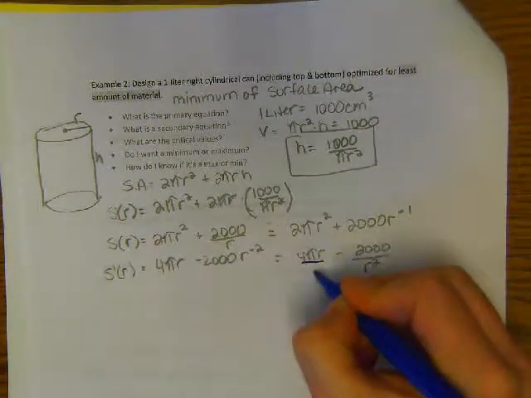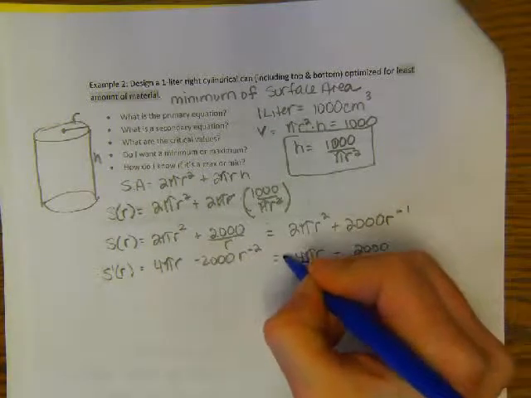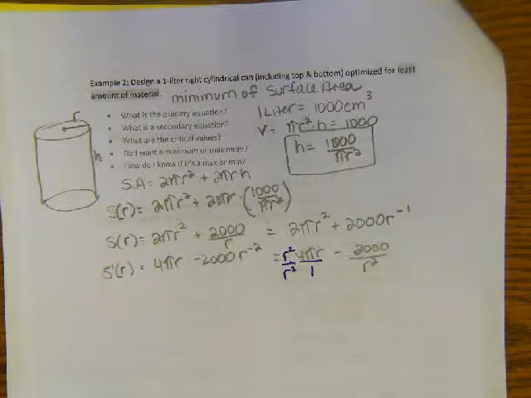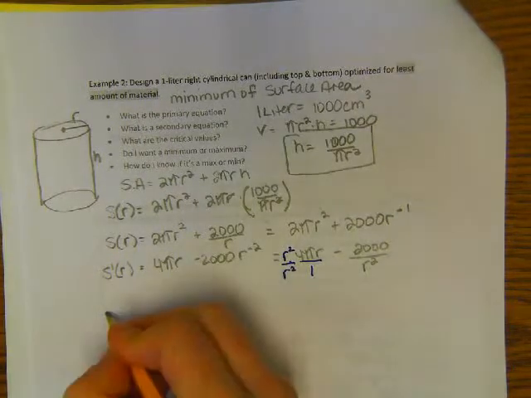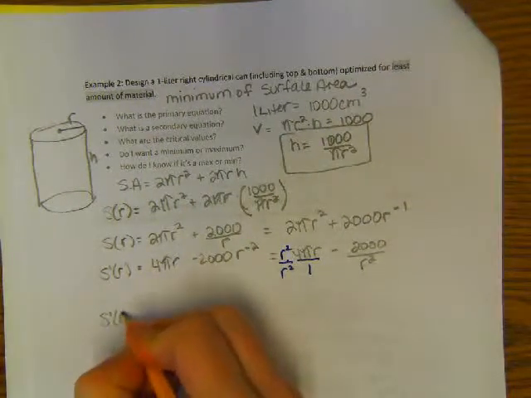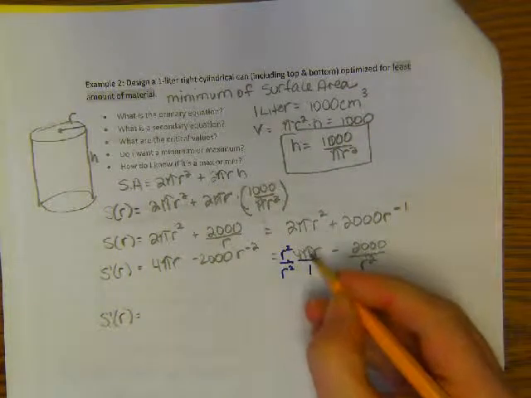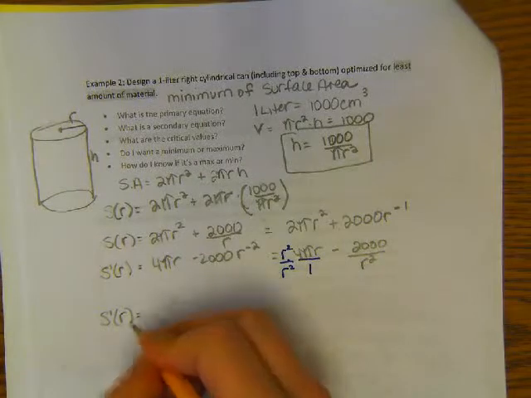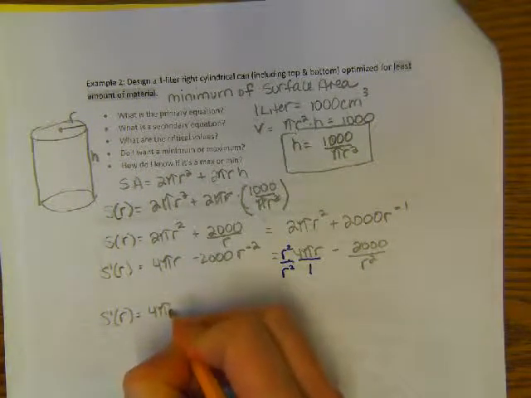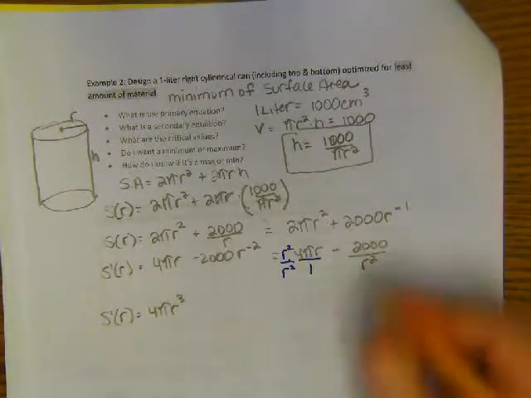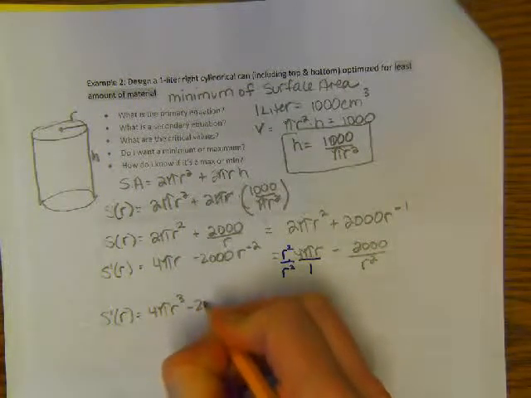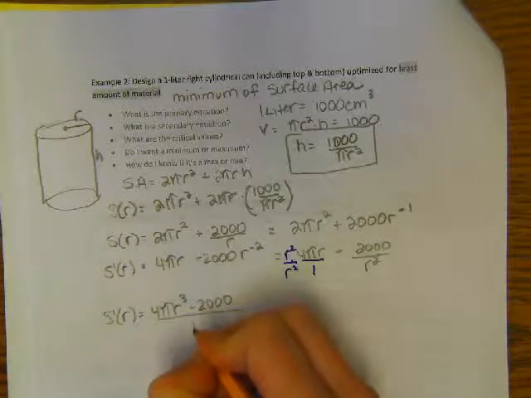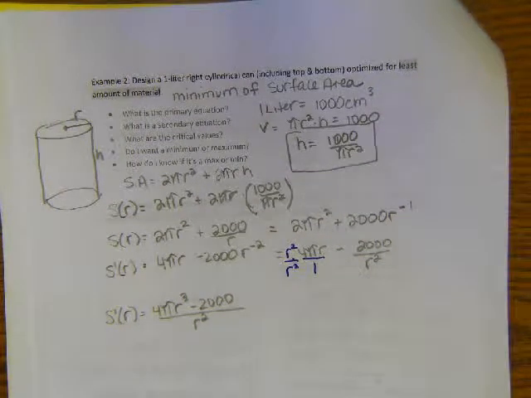I'm going to put this over 1, okay, and I'm going to multiply this by r squared over r squared. You see what I'm doing? So I have 4 pi r cubed. Are we following that? Minus 2,000 over my common denominator of r squared.